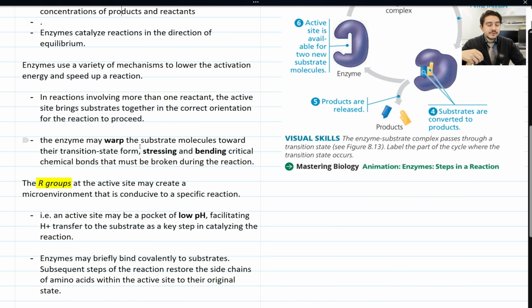There's a lot of stressing and bending of critical bonds that need to be broken in order for the reaction to go forward. Those R groups involved in the active site will create a little microenvironment to help tension the substrate.